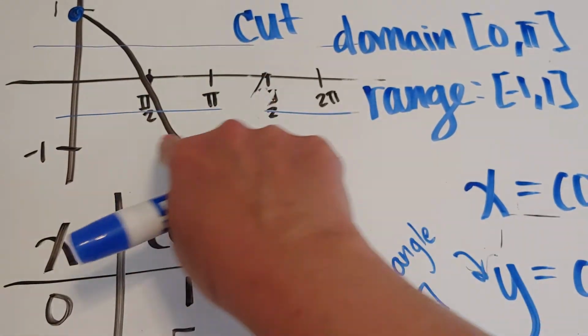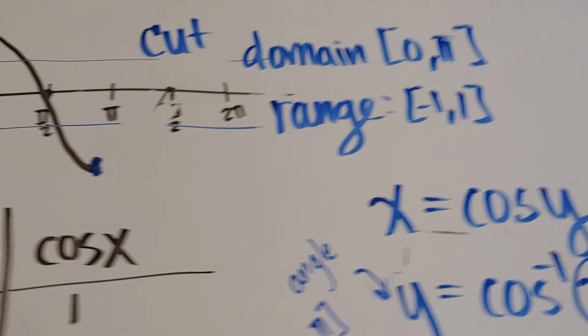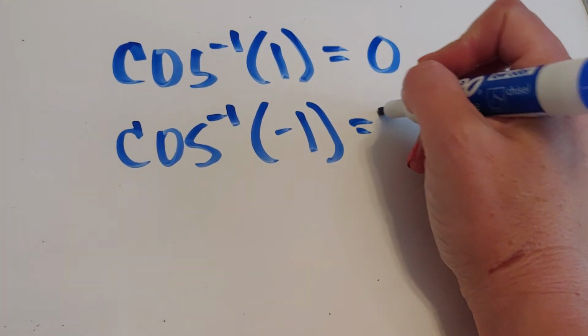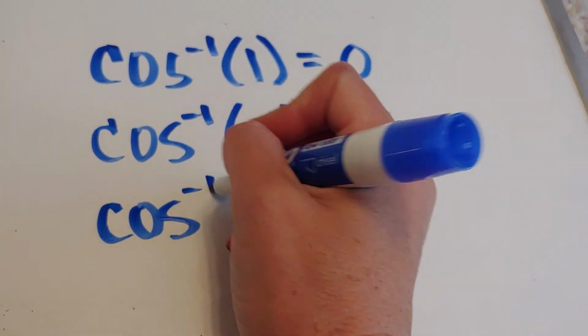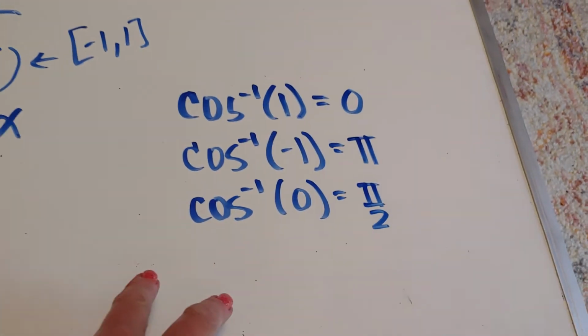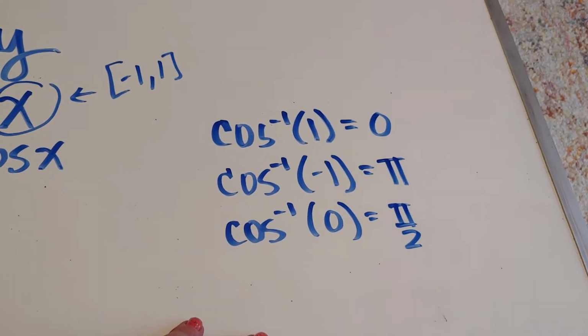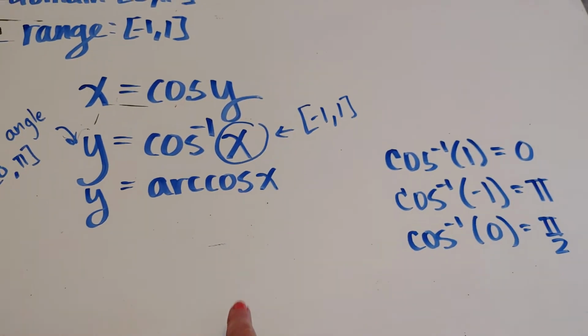But because this is where we cut it, my one answer is pi. So the cosine inverse of -1 is pi. All right. And then the cosine inverse of 0 is pi halves. So we're flipping all of our facts that we know about cosine to have this relationship.